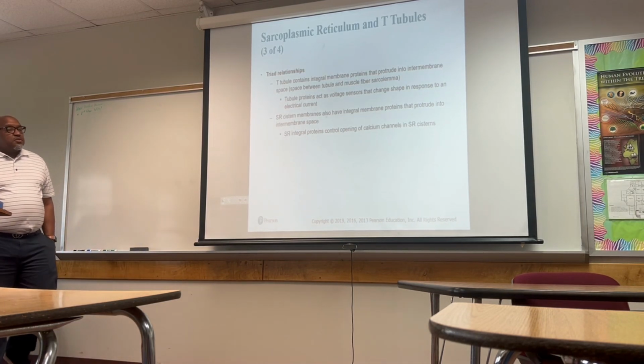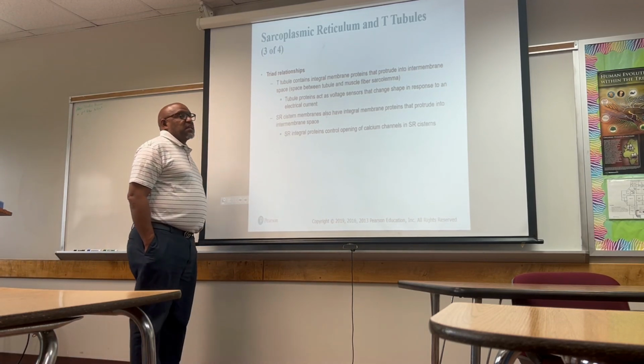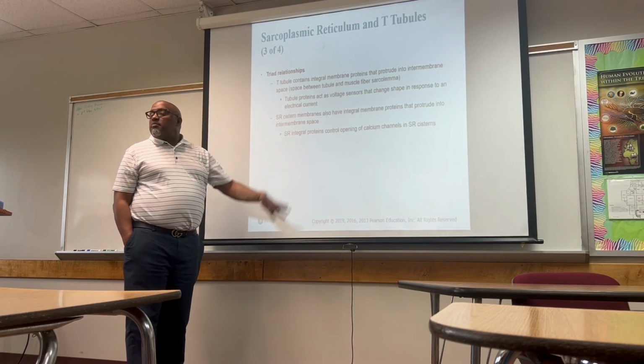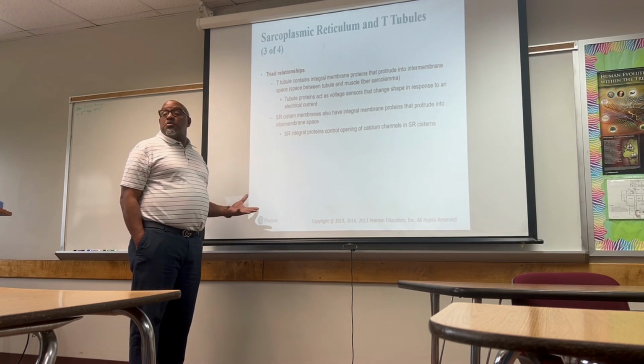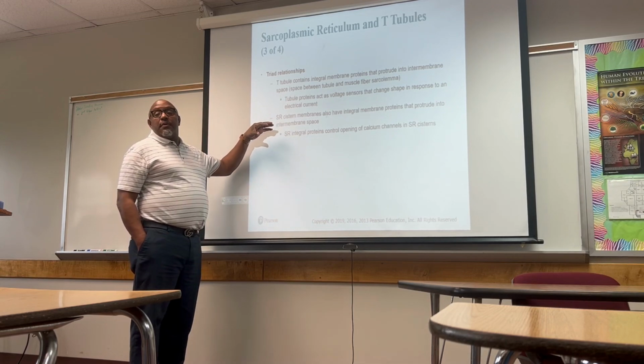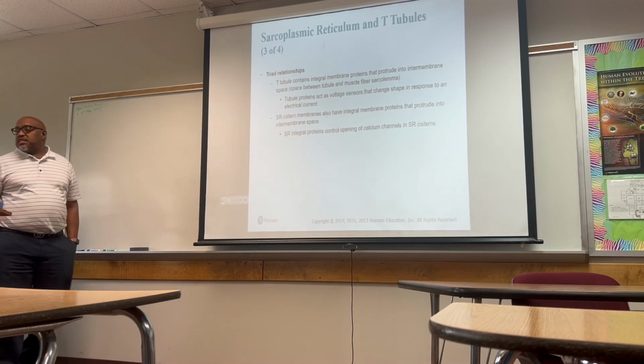In terms of what it does, the T-tubule contains special proteins that stick into the intermembrane space. When they see that the nerve tells the muscle to contract, these proteins help release calcium, okay? And calcium is important for muscle contraction. And again, we will see that in a minute.